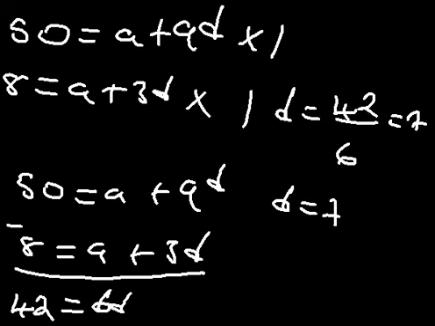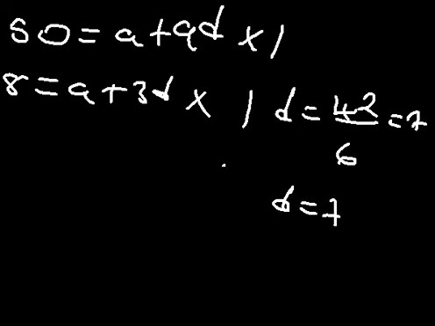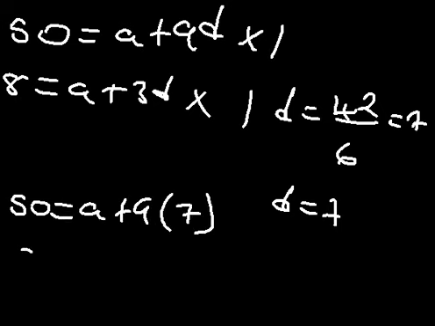And how about the first term? Now, for the first term, we substitute in equation number 1, which is 50 is equal to a plus 9 times 7. We have 50 is equal to, what is 9 times 7? 9 times 7 is 63. So we have a plus 63.